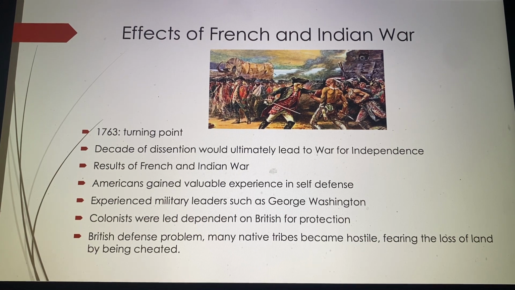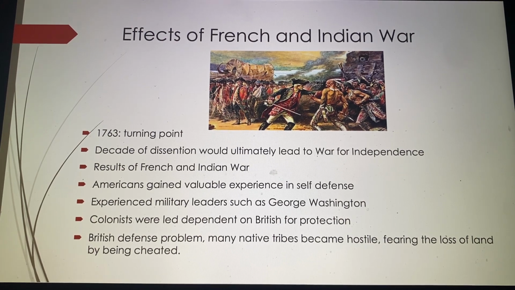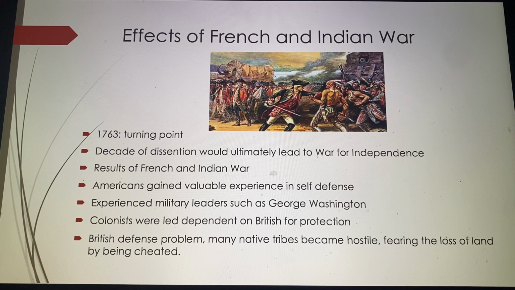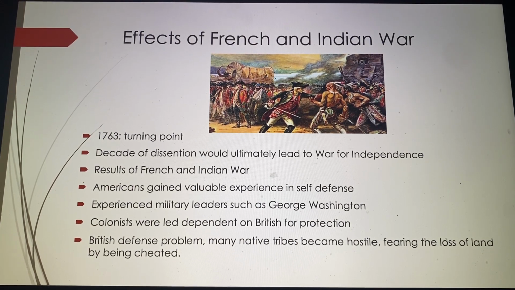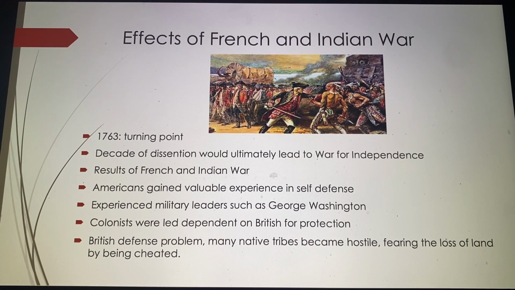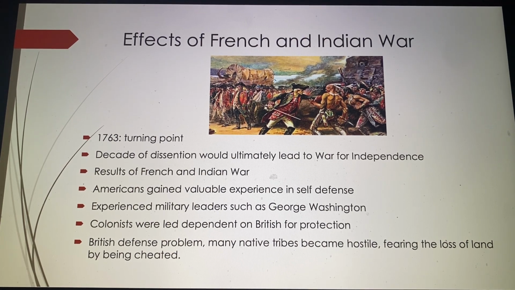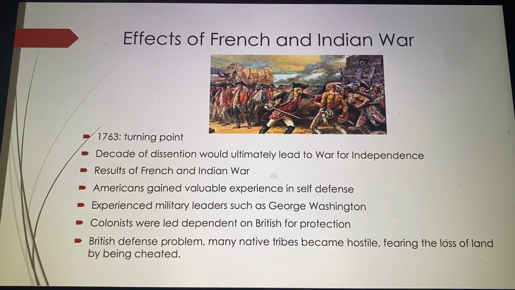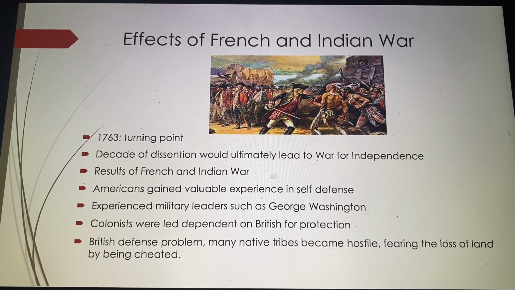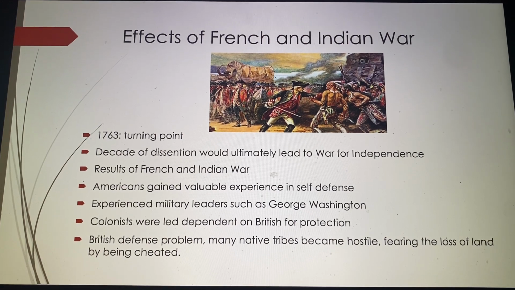As you recall, the French and Indian War was France and the Native Americans attacking the colonists of Great Britain. But the colonists had to defend themselves in these situations. The colonists were led to be dependent on Britain for their protection, but alone they knew that they could protect themselves, and they actually needed to.